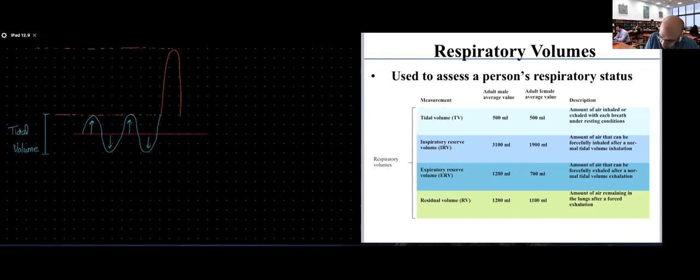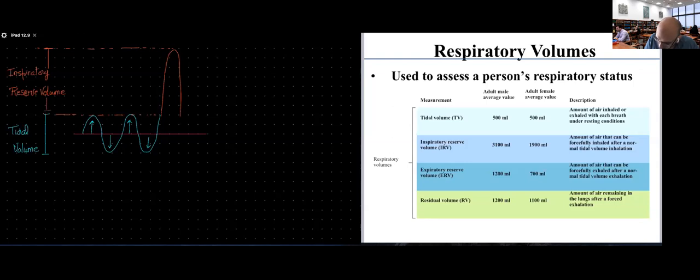This is my inspiratory reserve volume. Again, this doesn't include my tidal volume.